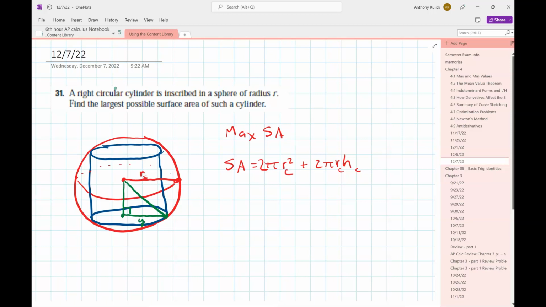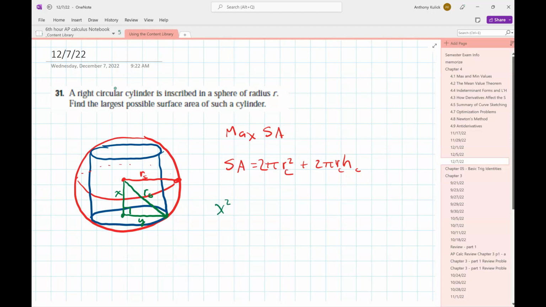I'm going to call this piece y, call this piece x, and what's the hypotenuse got to be? Oh, shoot. Excellent. That's the radius for the sphere, right? Because it's going from the center of the sphere to the perimeter of the sphere.